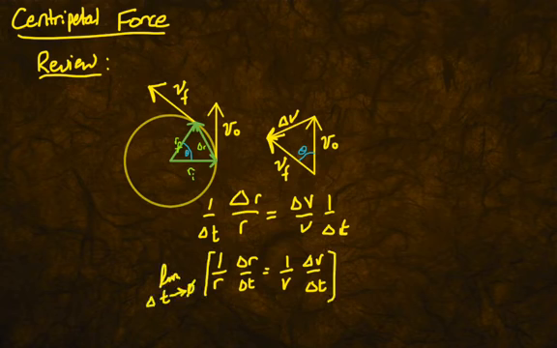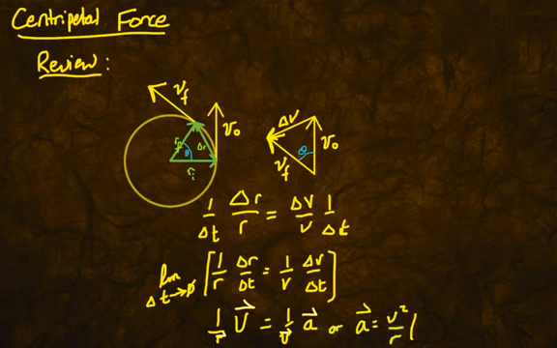If we take the limit of this as delta t approaches 0, we discover that 1 over r times our velocity, of any kind of velocity, is going to equal, in fact, let's make sure that we have our vectors in here for both of them, because there's r down there and r down there. We wind up with our acceleration vector being v squared over r in the negative r hat direction.